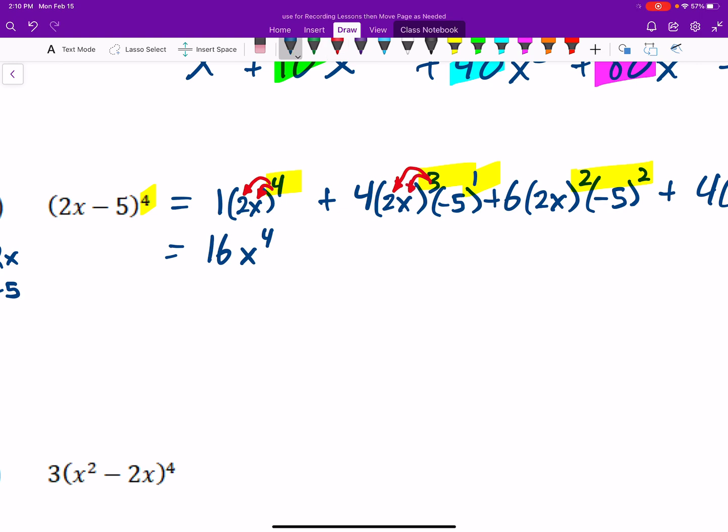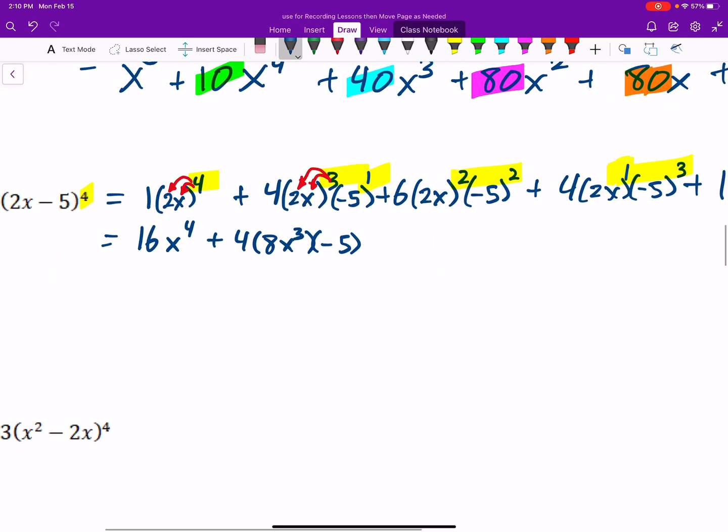So 2 to the 3 is 8. 8 times 4 is 32. But I also have to multiply that times negative 5. So maybe I shouldn't show too much in one step. Why don't I just, rather than collecting things up for now, I'll just expand them. So 4 times 8x to the 3 and negative 5 to the 1 is just negative 5. And I'll do another step to gather up my coefficients.